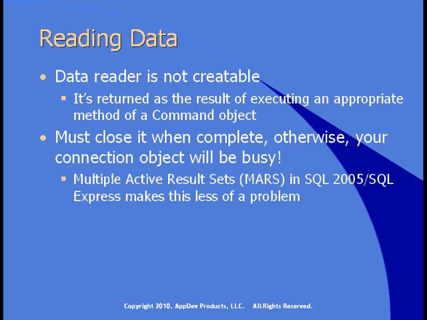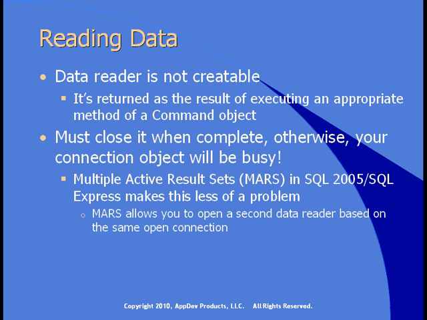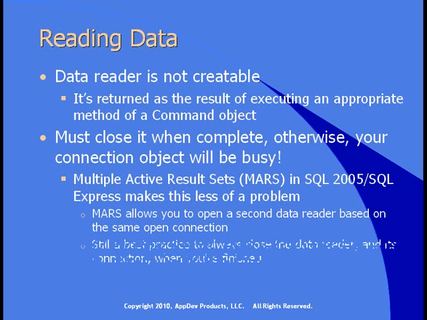I will mention that SQL Server 2005 and SQL Express and later versions add a feature called Multiple Active Result Sets, or MARS, that make this less of a problem. MARS allows you to have a second data reader open based on the same open connection. They manage the same open connection, so they don't cause an exception if you attempt to create a new data reader based on an open connection.